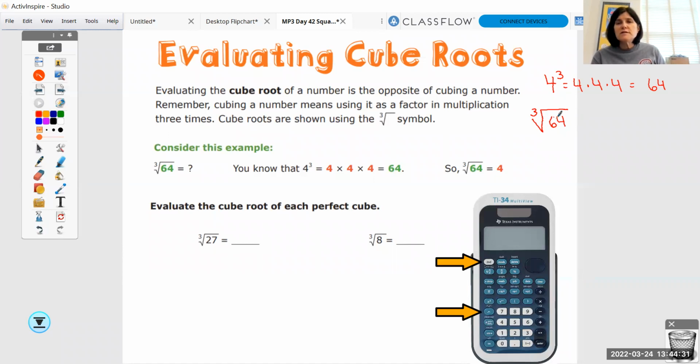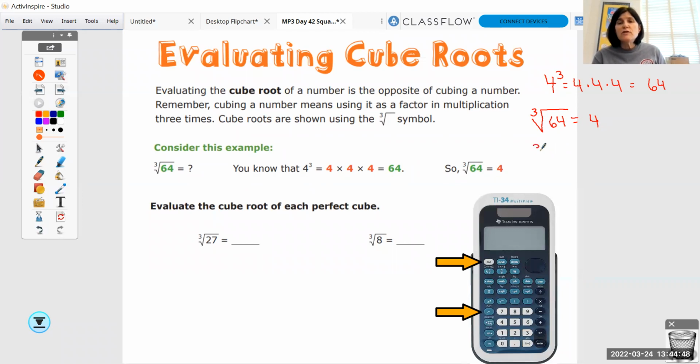So this is asking, what's the cube root of 64? What number can multiply by itself 3 times to get 64? And the answer is 4. Now, mine does not have this, but on your worksheet, you can also find the cube root of negative numbers.